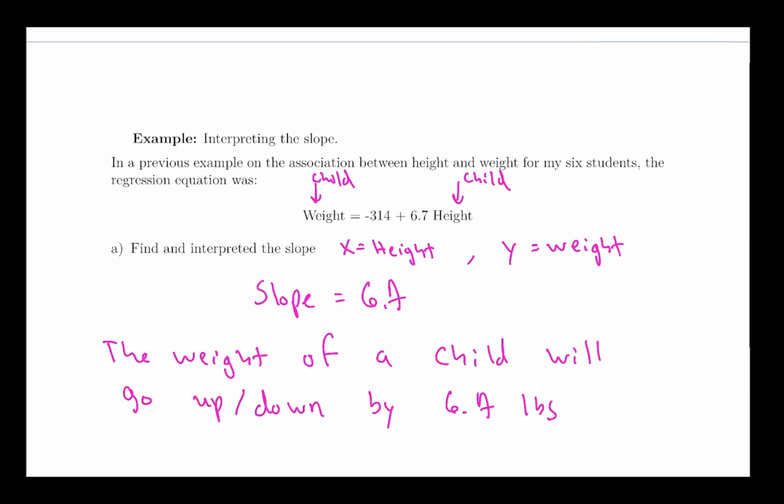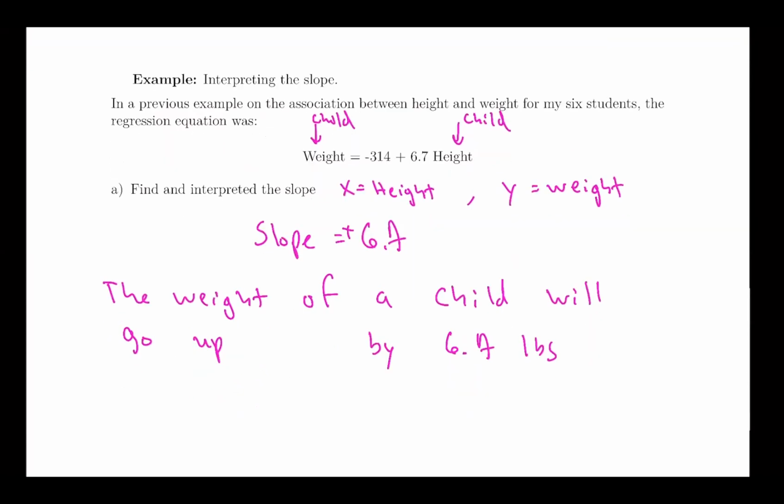First thing we want to decide is if we want to put up or down. For this one, what should I say? Should I say the weight is going up or going down? Going up. Yeah, it's going up. And the reason I know is because my slope is positive. So we're going to say the weight is going up by 6.7 pounds for every additional inch.